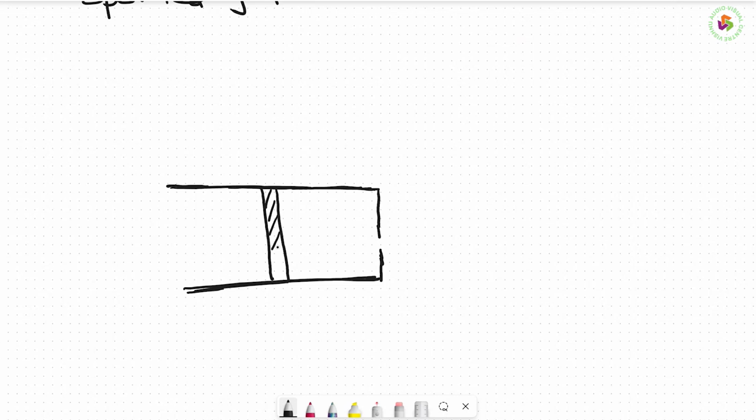This is the piston, and this is the piston rod. I will make a little extension, it is better. Okay, this is the piston rod.